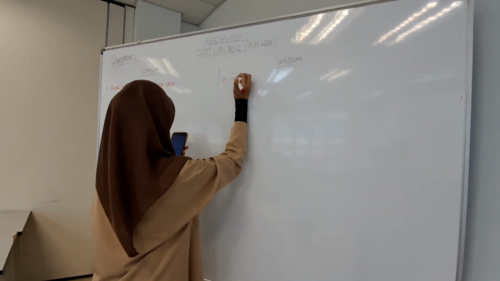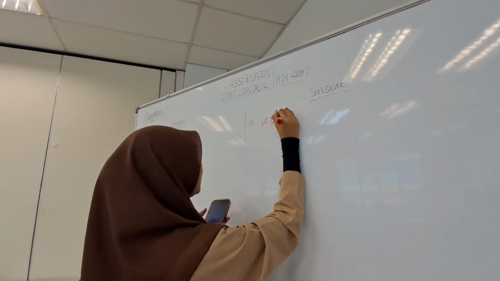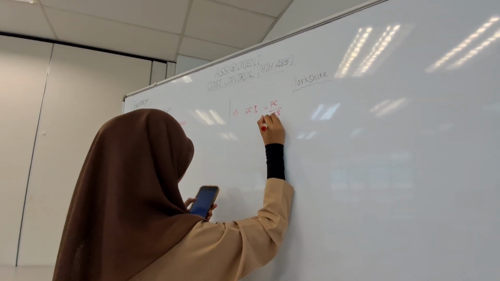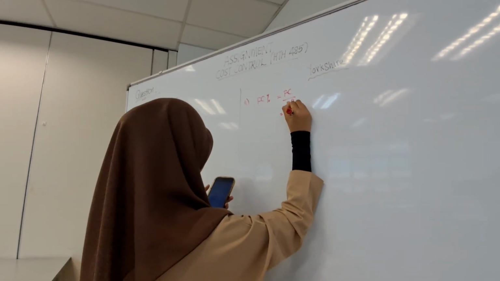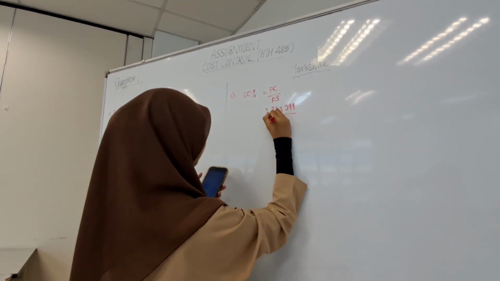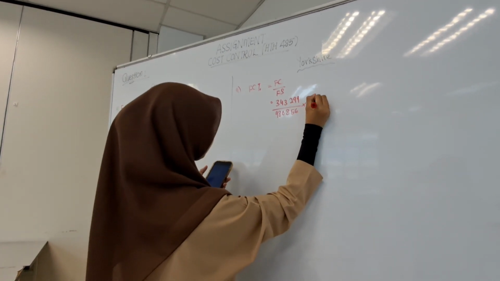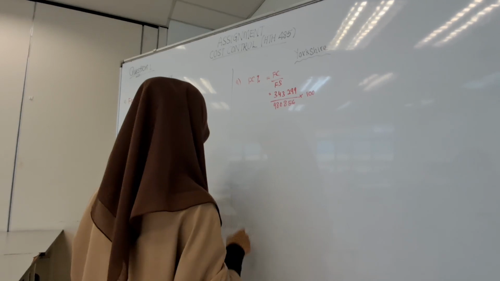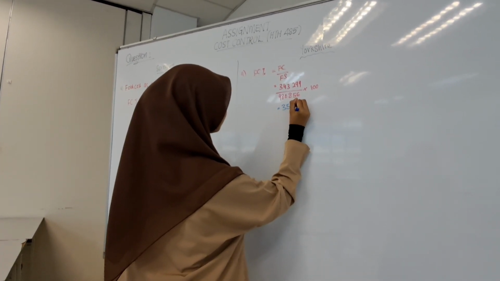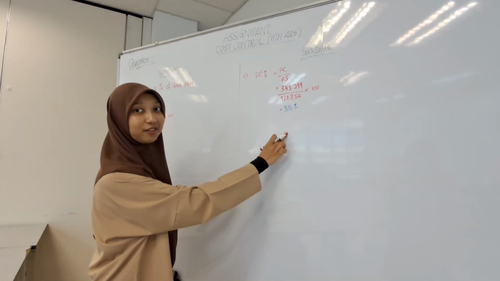For Yorkshire restaurant, we use the same formula. The answer for Yorkshire restaurant is 35%.